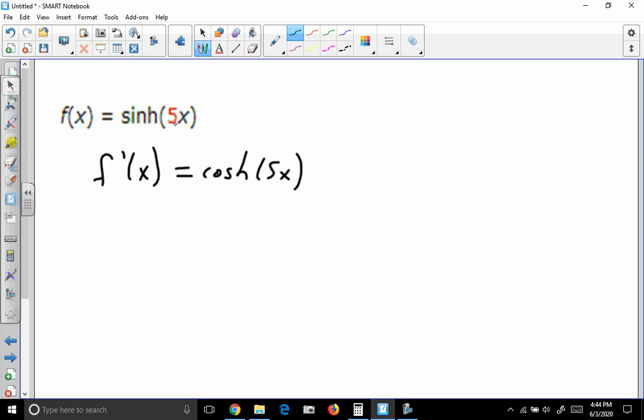It's more than just x, so times the derivative of the inside. So we can call that 5 hyperbolic cosine 5x. Often, instead of hyperbolic cosine, we'll call it cosh, or if it's hyperbolic sine, we'll call it sinh. But technically it's hyperbolic.